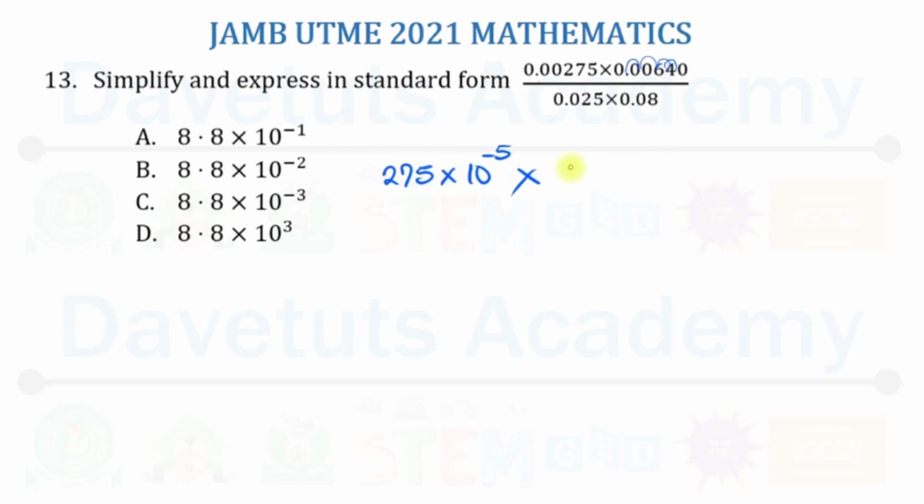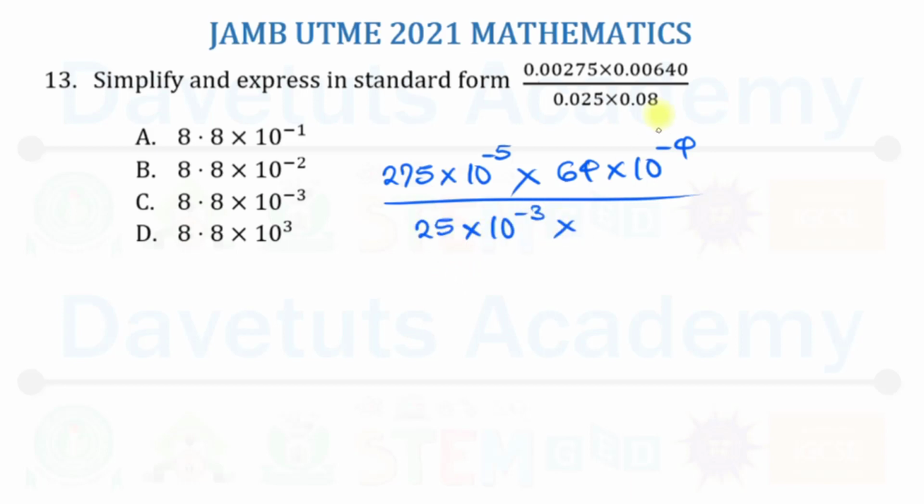So this will be times 64 times 10 raised to power minus 4, okay, divided by, I'm moving this 1, 2, 3, okay? So I'm having 25 times 10 raised to power minus 3, and then I'm moving this 1, 2. I'm having 8 times 10 raised to power minus 2.